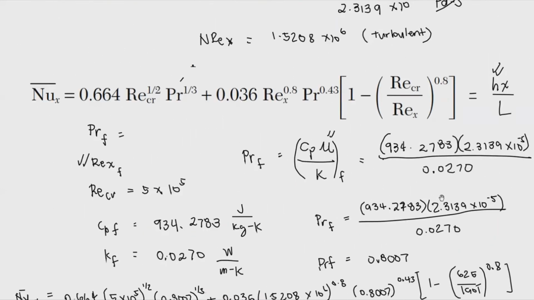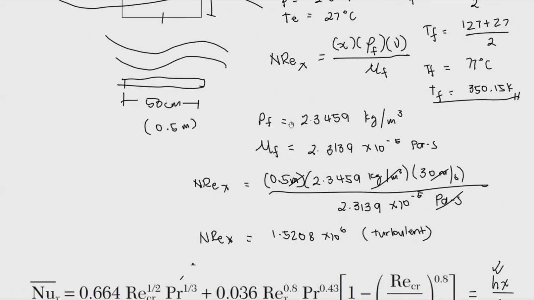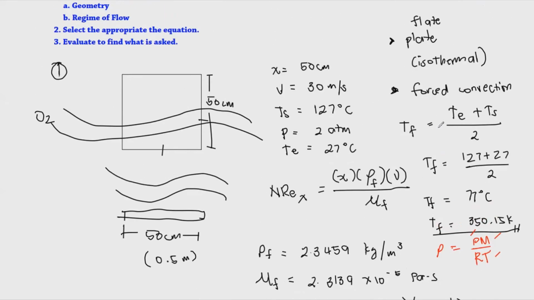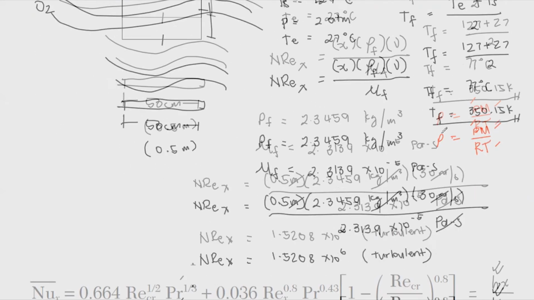Now I wanted to go back to this density here. So you might be wondering why I didn't use the ideal gas equation where density is equal to PM over RT. Since this is gas, we can already use that since we have pressure and temperature. Molecular weight would just be that of oxygen, and R would just be the universal gas law constant. So the thing is, you can actually use that, and the discrepancy I think wouldn't be much.